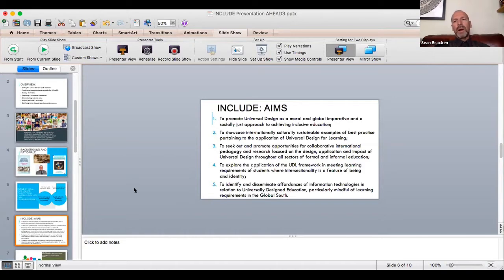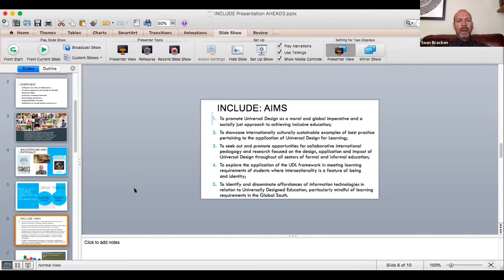And whilst we're aware that there's a growing and more convincing body of research around the application of universal design for learning, that is still rather new. And so what we'd like to do is to provide a forum in which colleagues can share insights from the research, particularly if it has an international dimension to it.